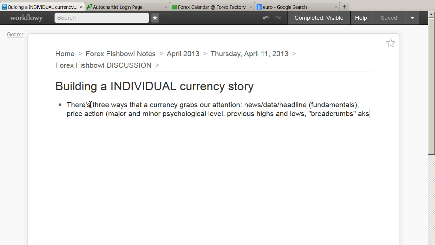And that's our near term highs and lows. So major and minor psychological levels, previous highs and lows, and I should put within the look back, right? You guys know that, within the look back. Breadcrumbs, in other words, near-term highs and lows, and really any significant, and this is the key here, horizontal level.